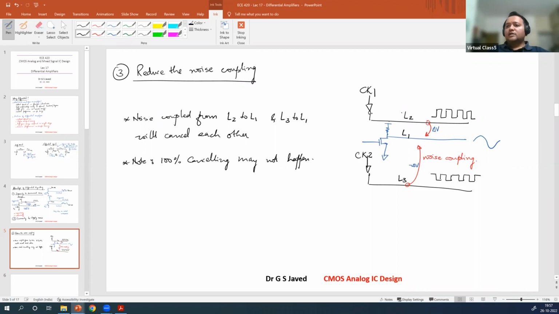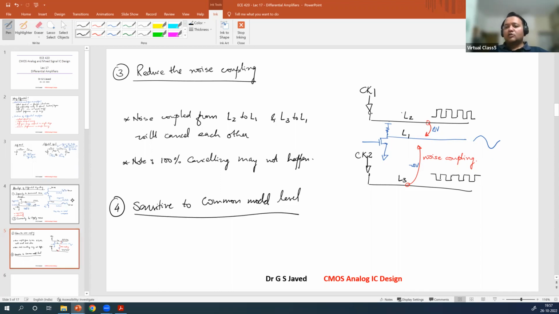Another thing that will happen is, because of their noise coupling, you will see that these are sensitive to common mode level. So in case your common modes for these two circuits are different, then your common mode level can either take you up or down.